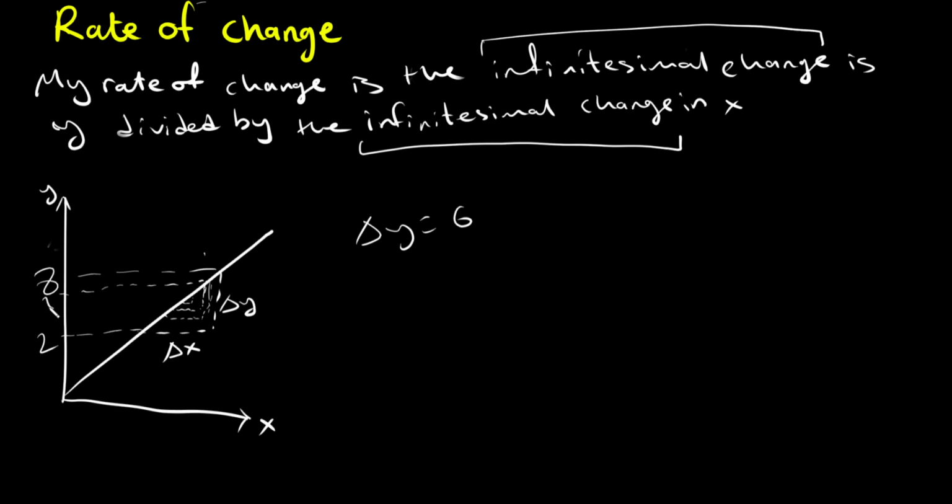If this is 7 and this is, I don't know, 3, my delta y will be 4. So the concept of this means that as delta x is getting smaller, delta y is getting smaller as well.